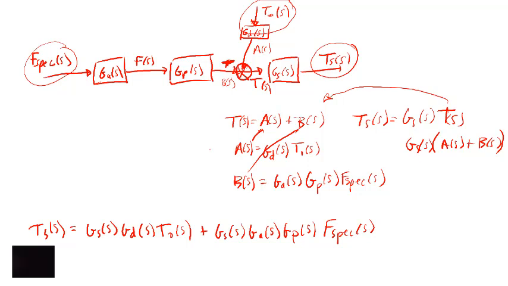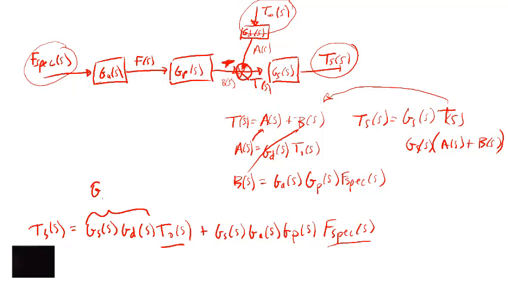Okay, so now what we can see here is that we have two specific types of inputs. We can have the disturbance, or we can have the input to the process. So we can write two different transfer functions. This transfer function right here is our overall effect of the disturbance.